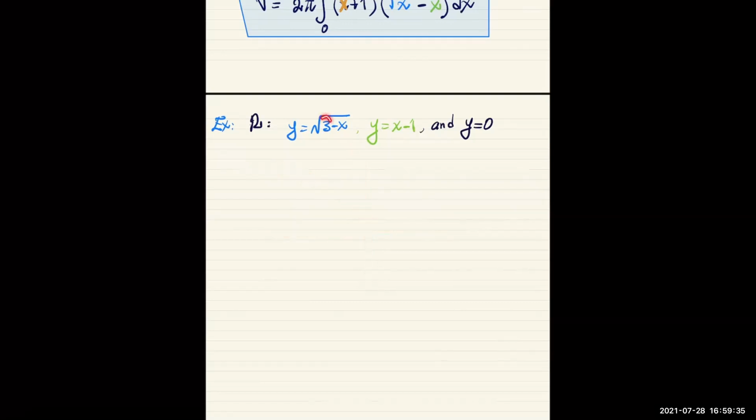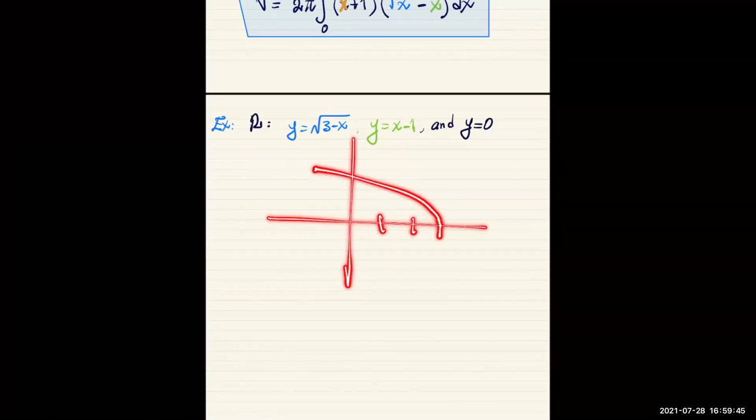And it's shifted 3 units, so the x-intercept is at 3. It's going to look like that. That's the graph of the square root.